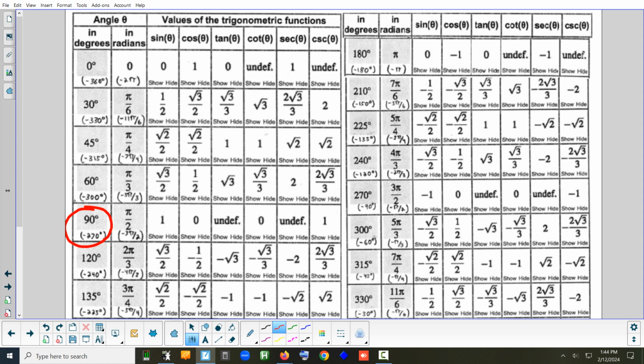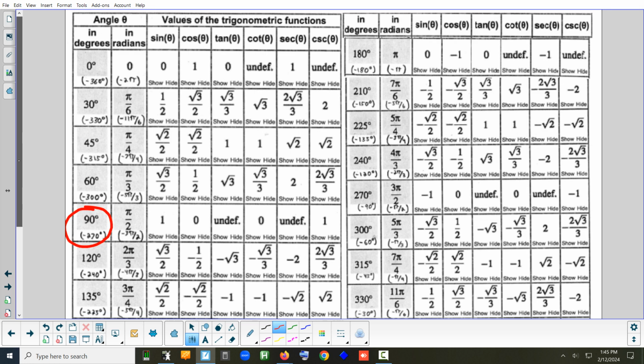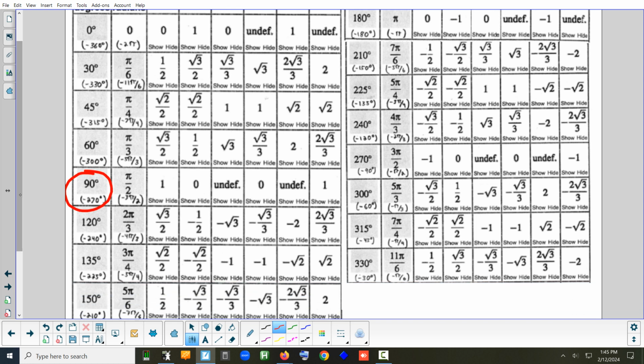Yep. So you have every angle as a positive and a negative from 0 to 360. Well, actually, 360 is a repeat of 0. So, same thing. All right. So now you've got two choices. The answer is either 90 or negative 270.